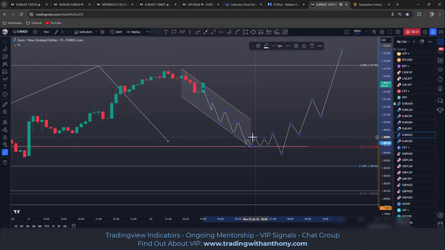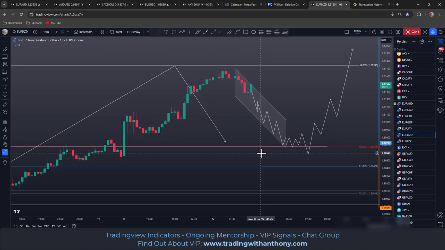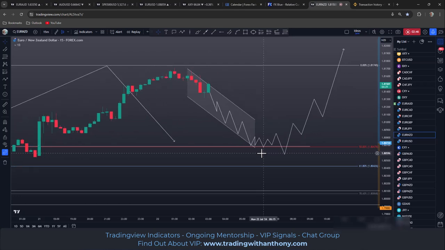So just keep an eye out for the range, but more importantly, this spike down below the range here to take out stops that would get placed under here. Yeah, always look for the dip under prior to a rally, right?